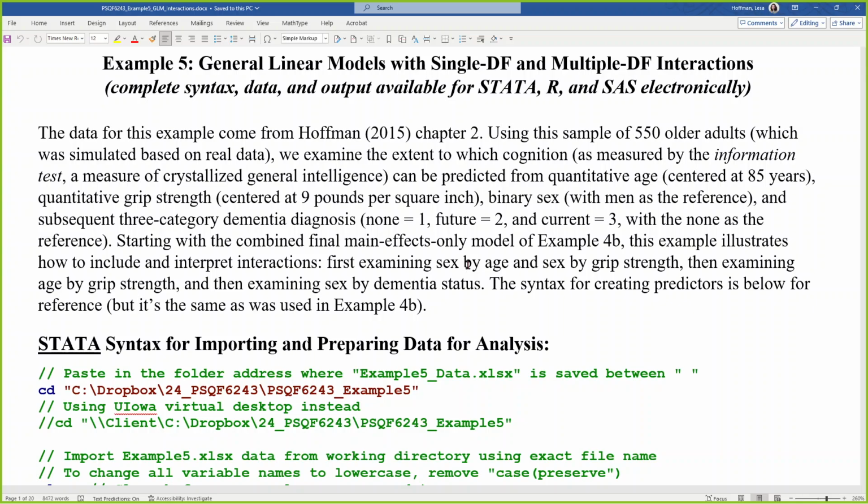So we're talking about interactions in this unit. What are they for again? What's the point of including a multiplicative combination of predictors as an interaction term? What are interaction terms used for? Looking for one keyword that starts with an M. Moderation.